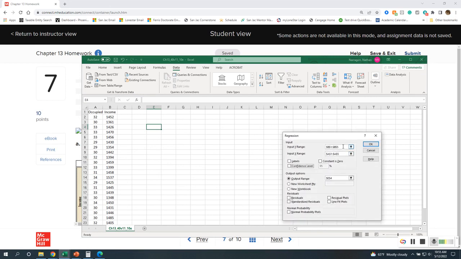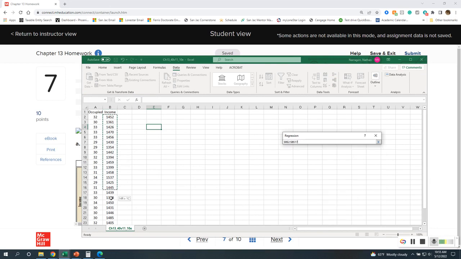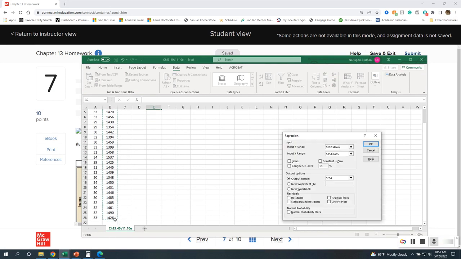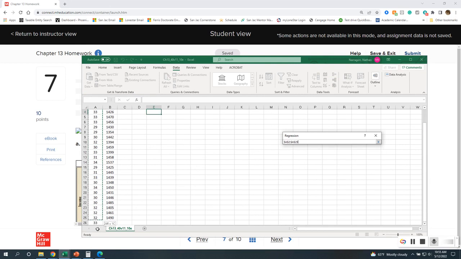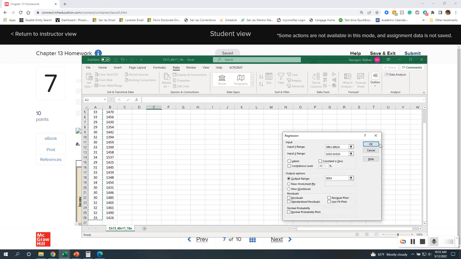Go ahead and take that off and put the Y range. It's a little bit bigger than before. Highlight and put our X. Again, Y is dependent on X.